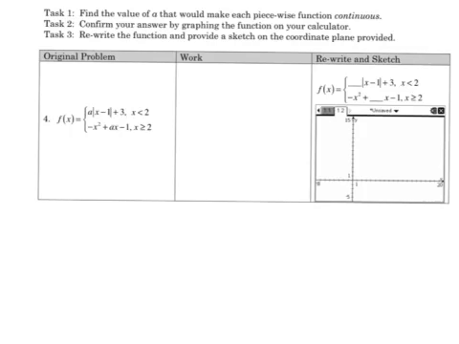What does it mean to be continuous as far as a piecewise function? Well, it basically means that as x's approach 2 from the left-hand side, they're using this absolute value function.